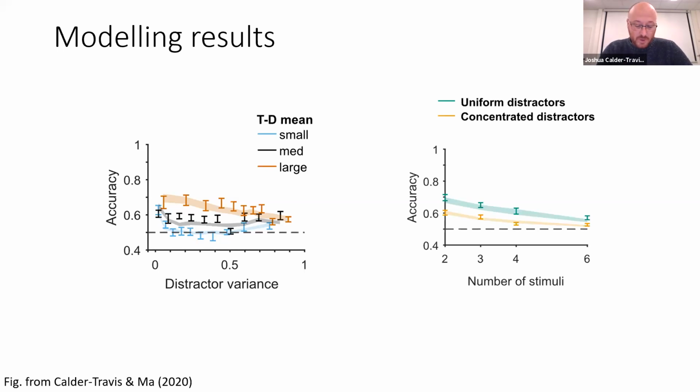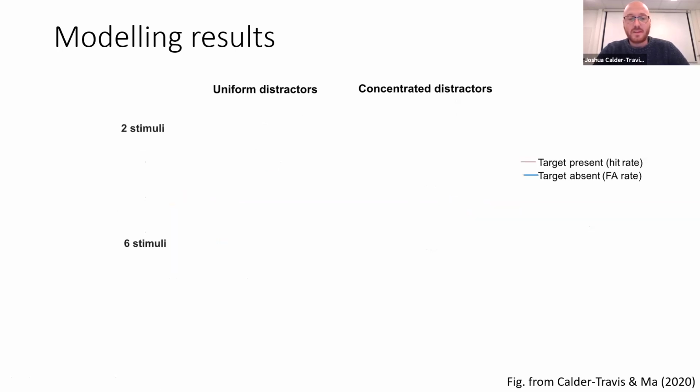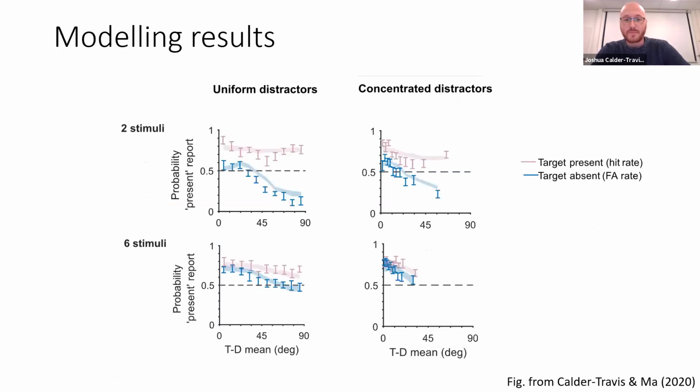Then we went on to think about whether the model could capture finer details, and we can break things down further. Of course we can break things down by distractor environment, but we can also break things down by the number of stimuli and whether the target was present or absent. Then we can look at the behavior in the data and according to the model.